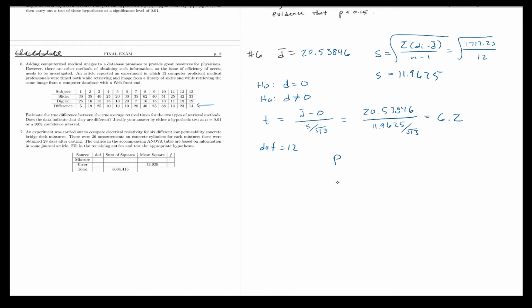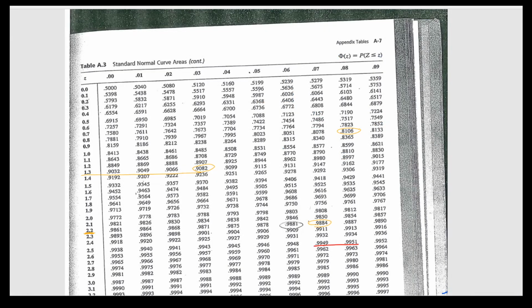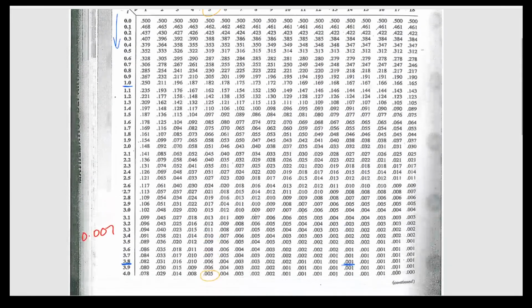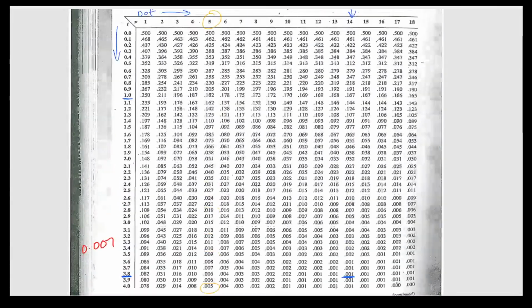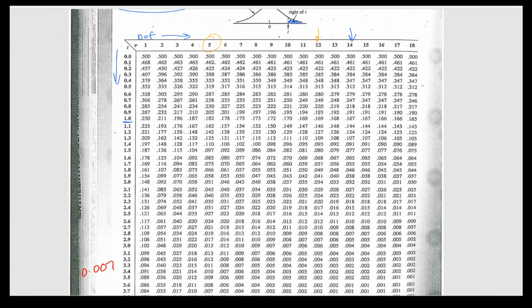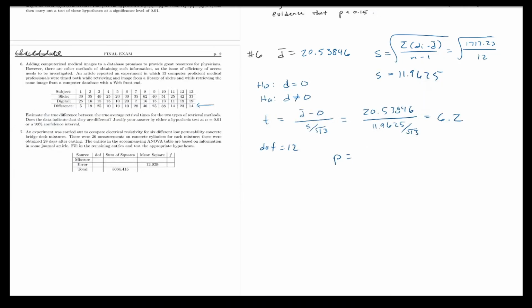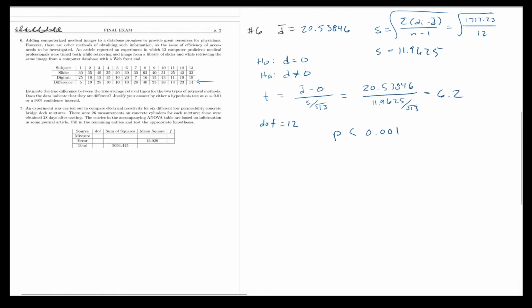So p-value now is going to be t-curve tails of 6.2, degrees of freedom 12. Here it is, not even on the chart, degrees of freedom 12, so this column goes all the way down, so it's less than 0.001. So p-value is less than 0.001, and that's less than 0.01, which is alpha, so reject H0.